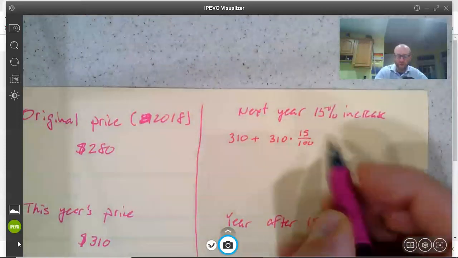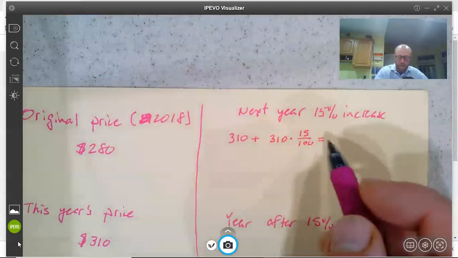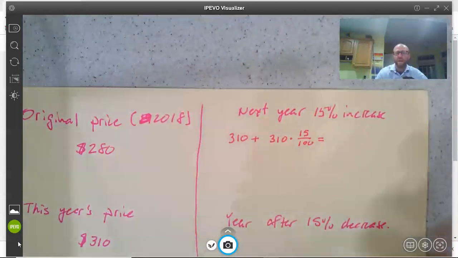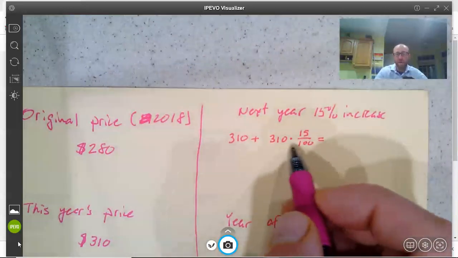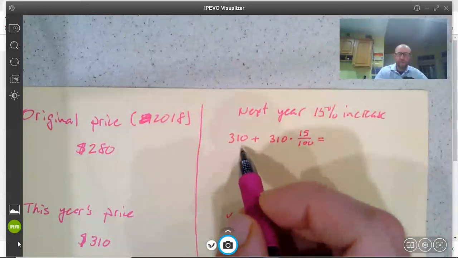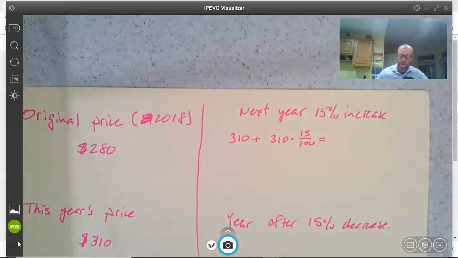So we're just going to change that into a decimal there. And anytime you hear, say, what's 15% of the total? What's 15% of 310? Of is always multiplication.